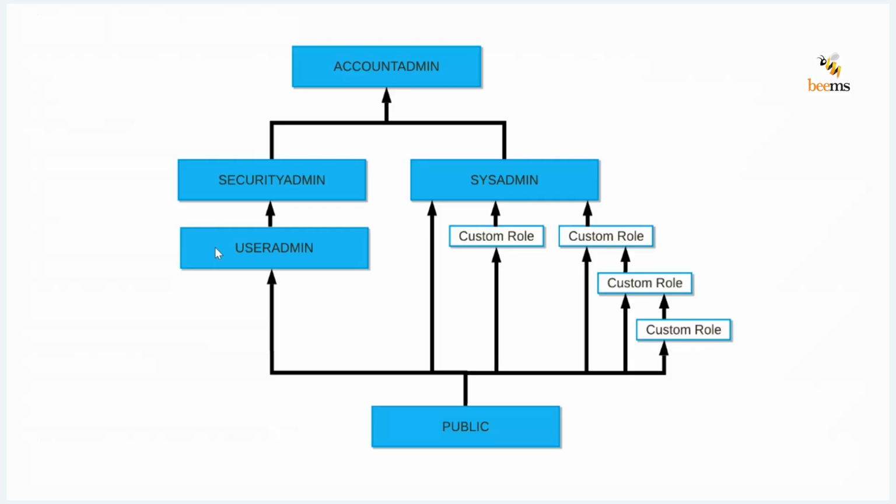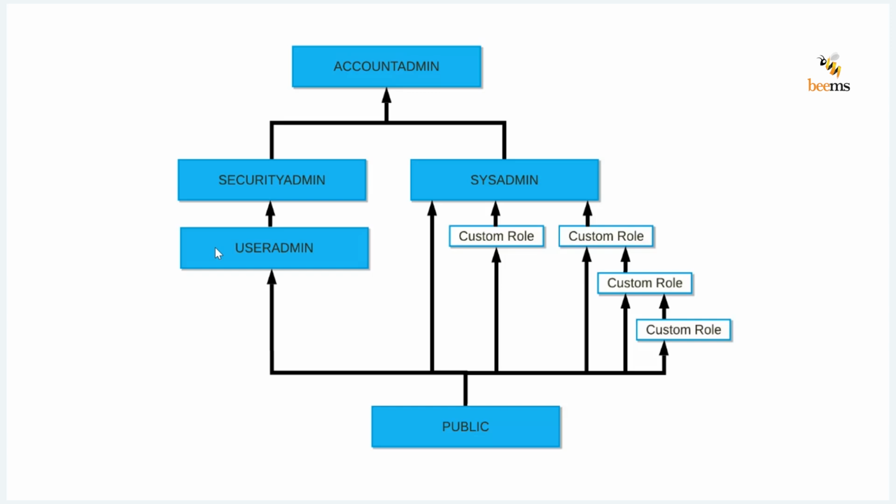If I go directly here, this is the hierarchy of Snowflake roles. Snowflake has by default given particular roles. First is the account admin. Second, in a tree-like structure, are the security admin and system admin. Security admin, as the name suggests, handles all the access privileges.